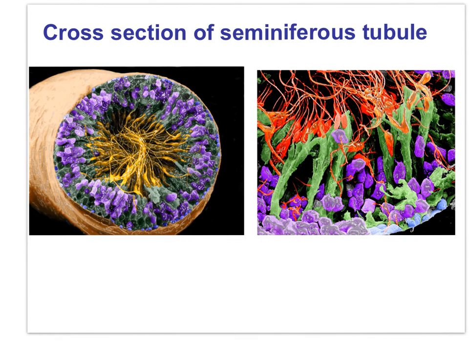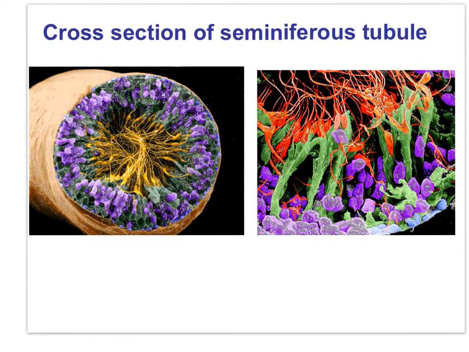In the micrograph on the left, the germinal epithelium is along the outer edge of the seminiferous tubule, and the germinal epithelium produces cells that will ultimately undergo meiosis. And this is germinal in the sense that meiosis is resulting in gametes. The cells undergoing meiosis are here in purple, meiosis proceeding in this direction toward the lumen of the seminiferous tubule, within which we can see the flagella of the sperm cells.